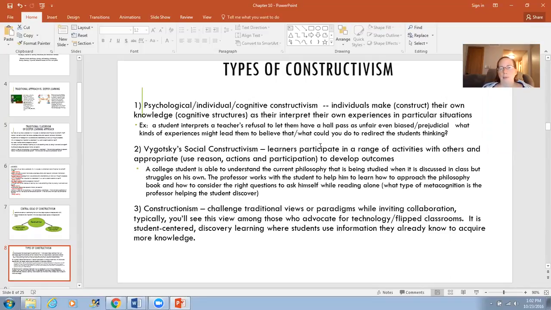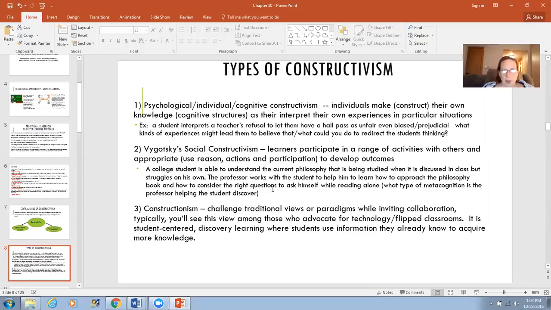What might lead them to believe that being denied the hall pass is unfair? And then as an instructor, what could you do to redirect that student's thinking? What would you want them to think? Certainly, we wouldn't want anybody to feel that we are being prejudicial. In fact, we wouldn't want to be prejudicial. It's our job not to be.